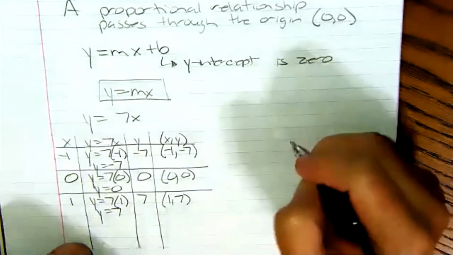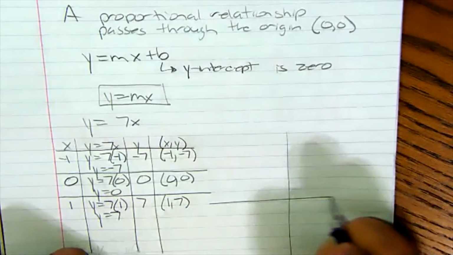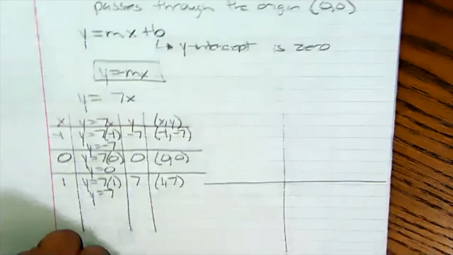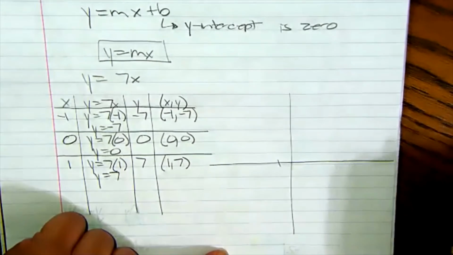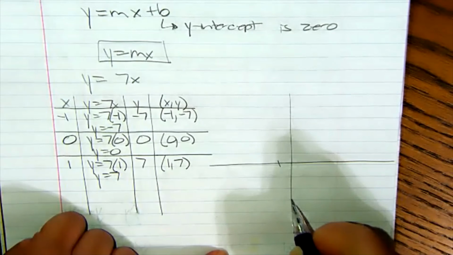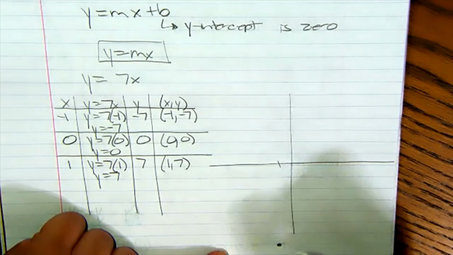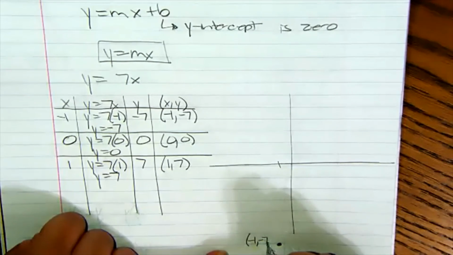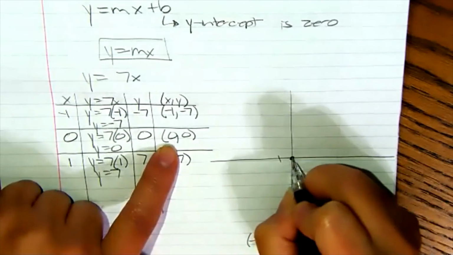Now I need to graph this. So I have negative 1, then 1, 2, 3, 4, 5, 6, 7: negative 1, negative 7. 0, 0.